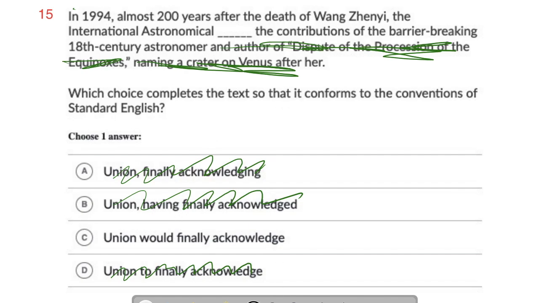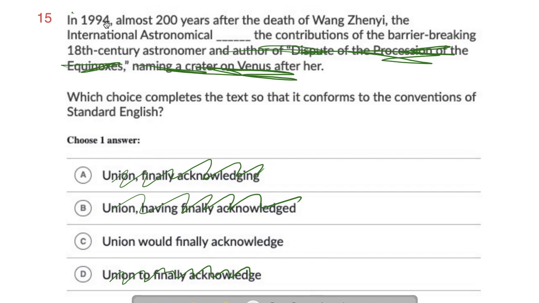It's a little bit strange that they're doing this, because 1994 is in the past relative to now. But I think the idea is this. Let's say that if it's almost 200 years, in the year 1800, Wang Zhenyi dies. That's in the past, for sure.